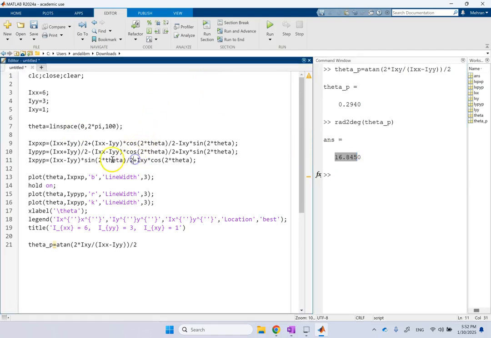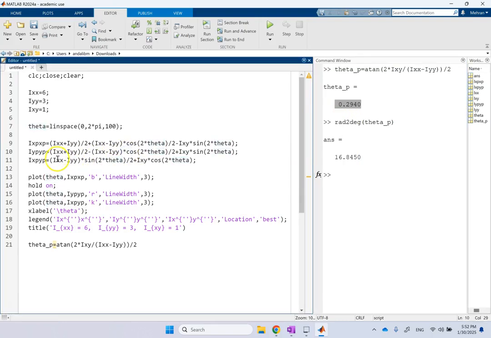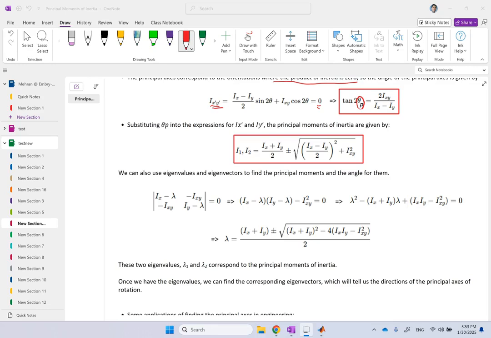And you can just plug 16.8 degrees, or 0.294, into this product term, and you should be able to get 0 for the product term. So this is doing it in 2D and finding the principals.